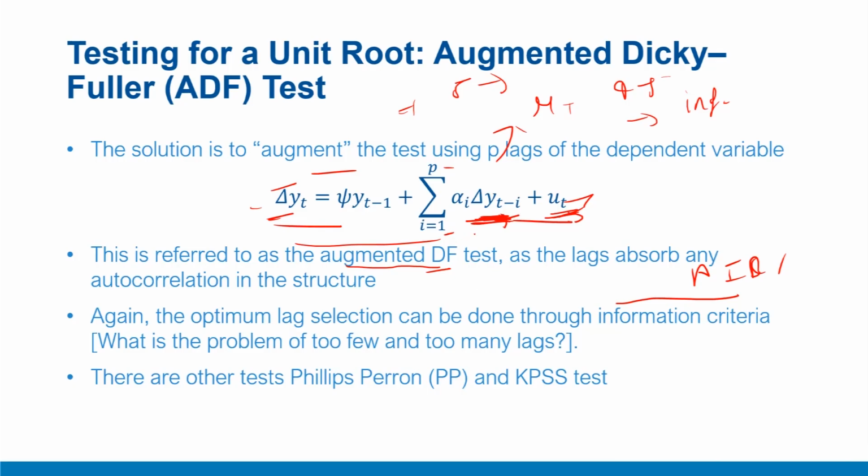Why is this important? If you choose too few lags, a very small number, then the entire serial correlation that we want to absorb in this delta y_t process will not be absorbed, and mu t will still be autocorrelated. If you use too many lags, a very large number, it may absorb the autocorrelation, but again it will require more parameters, more alphas to be estimated, and this kind of non-parsimonious model will introduce noise and soak up a lot of degrees of freedom, that is, the number of observations or leverage available to you to estimate the model.